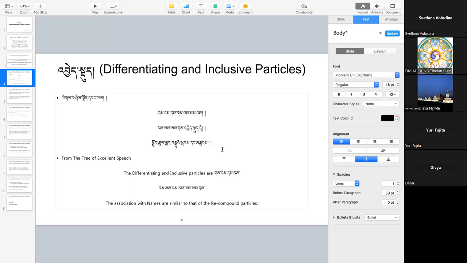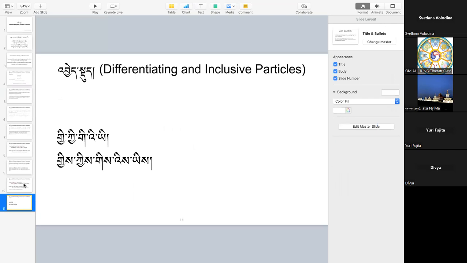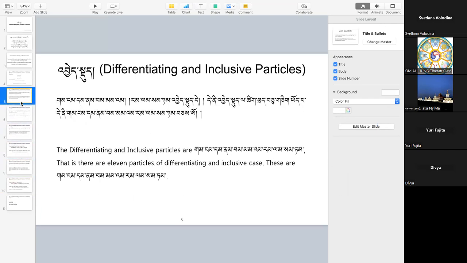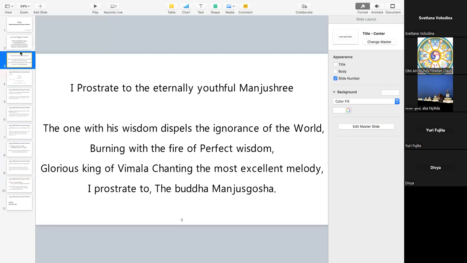And in this particular case, it needs to associate with a particular statement. It associates with the name, but the name is a part of the statement. And because of the nature of the statement, the very meaning of the particle changes accordingly. Okay, so this is the introduction to the differentiating and inclusive particles.